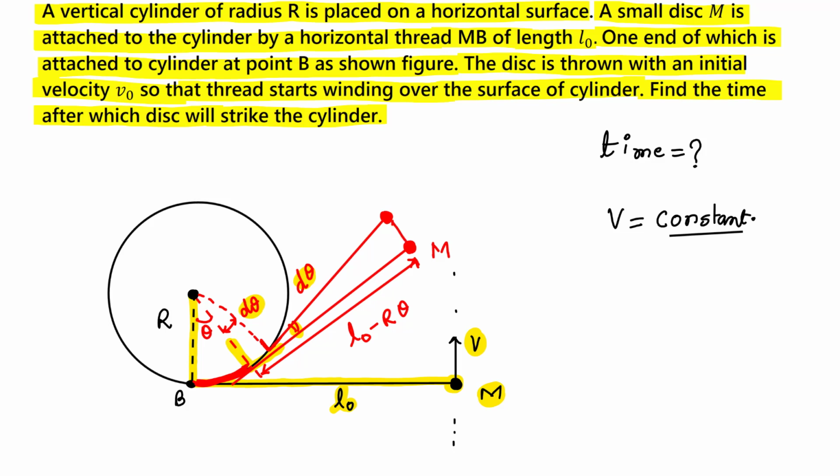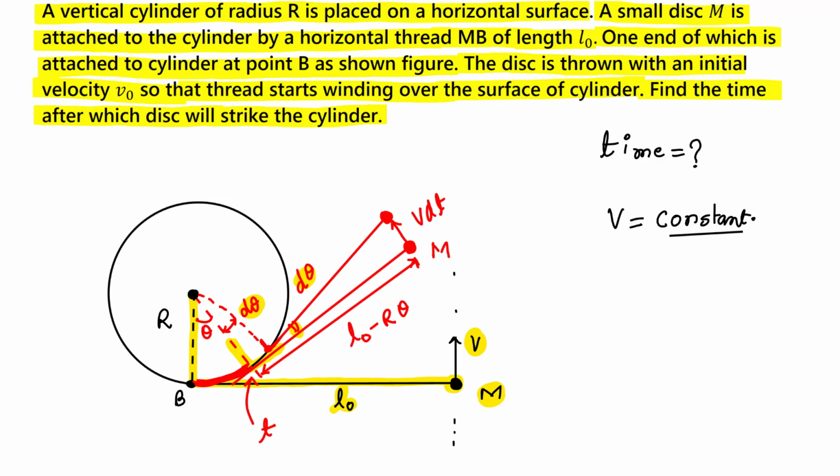So what will be this distance? Let us say at this point we have time t, and at this point we have time t plus dt. In time dt, this distance will be v dt because velocity is constant.